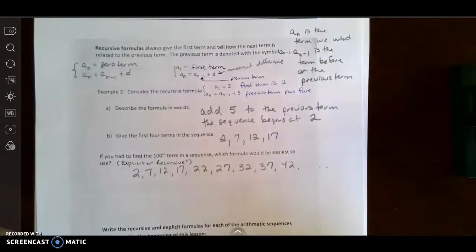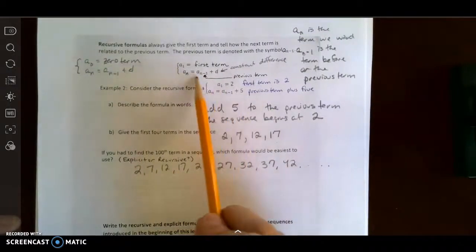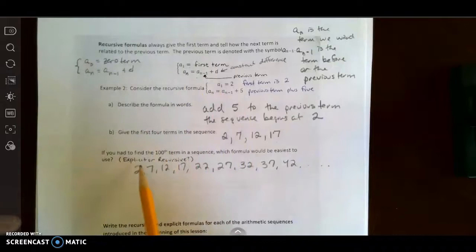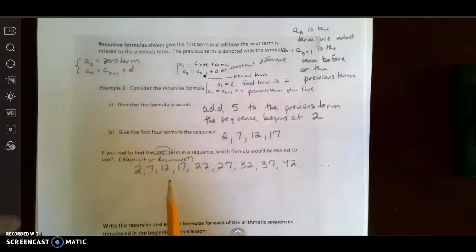That's going to take me a really, really long time. And so sometimes what I need to do is take my recursive formula and convert it to an explicit formula so that I can quickly find my 100th term. And that's where we'll start our next video.